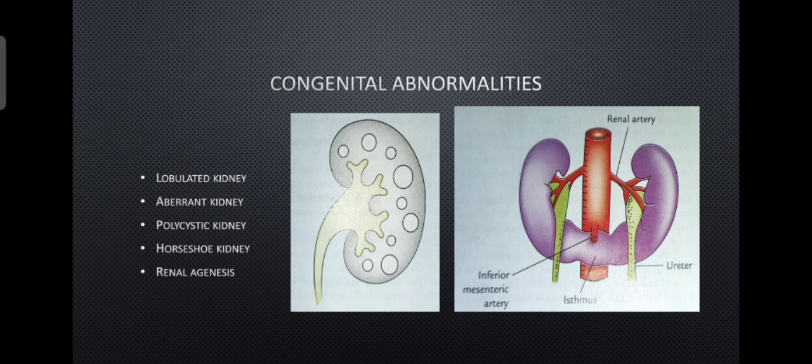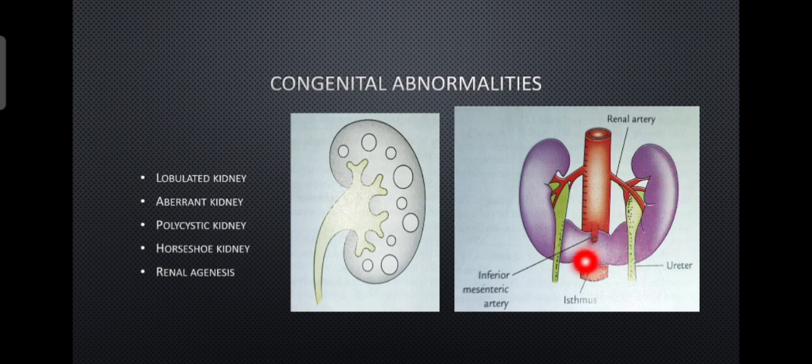Then we have the horseshoe kidney. It occurs due to the fusion of the lower poles of the kidneys. Why is it called so? Because of the horseshoe shape of the kidney. When the lower poles are joined, they form the isthmus of the horseshoe kidney, that is the joining portion.